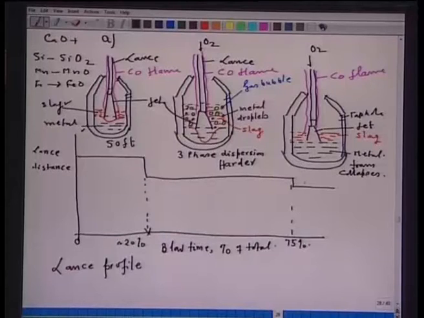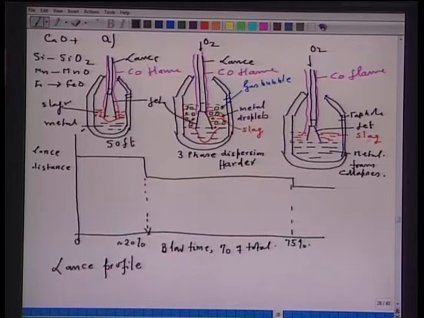Some prefer not to decrease the lance distance, some prefer to decrease it, but the main objective of decreasing the lance distance slightly is to take care of the carbon which is left in the hot metal. Whatever amount of carbon is there will also be removed, and the dispersion which is formed also collapses.